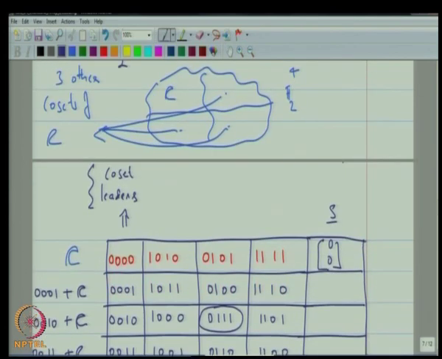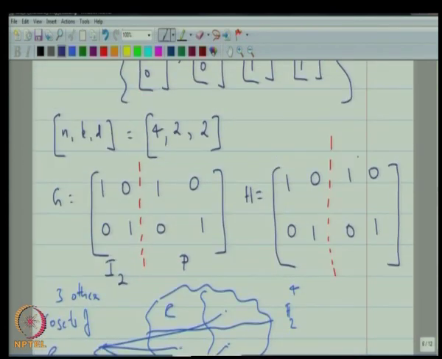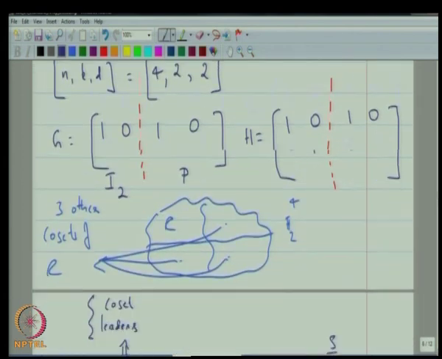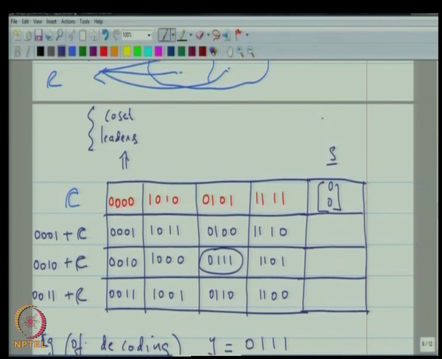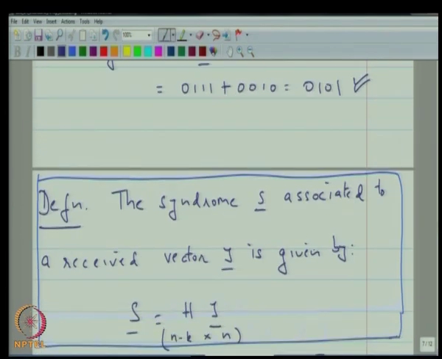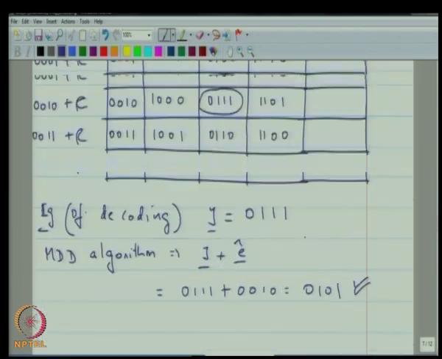Remember, this code has parameters n, k, d equals 4, 2. So, n minus k in this case is equal to 2. So, the syndromes are two tuples. Now if I want to compute the syndrome, here is 0 0, here we already computed earlier and it was 1 0.